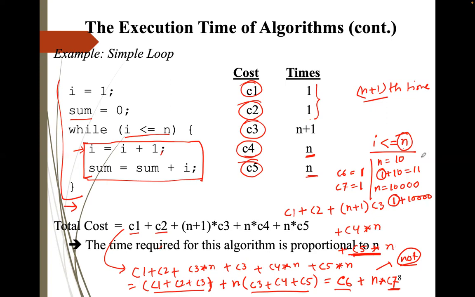So if n is like 100K or millions, our runtime is going to depend on the value of n.